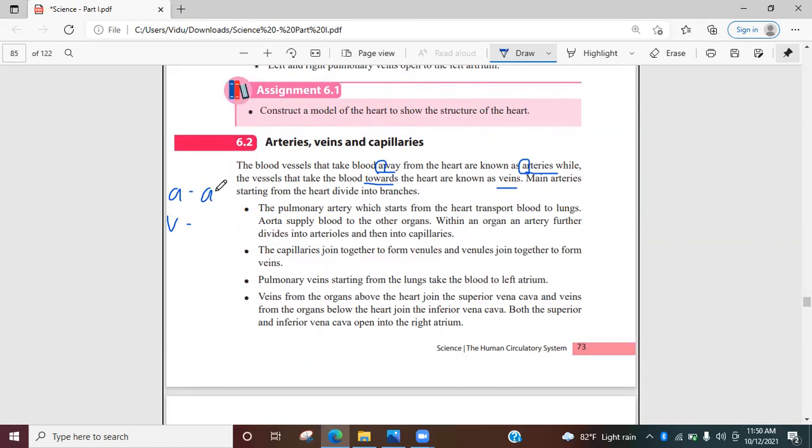Arteries are away. Then ventricles towards. The pulmonary artery, which starts from the heart, transports blood to the lungs. Aorta supplies blood to other organs. Within an organ, an artery further divides into arterioles and then into capillaries.